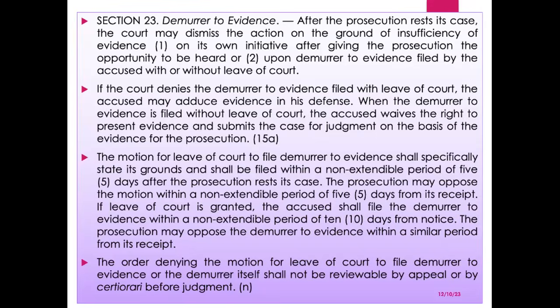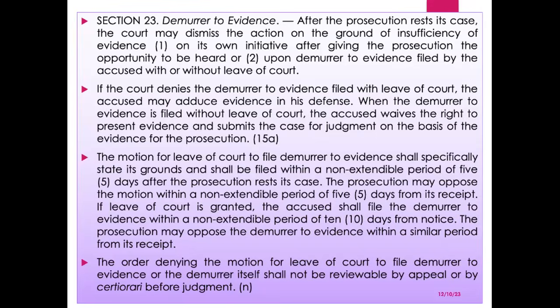Okay? So let us look at the effect. If the court denies the demurrer to evidence filed with leave of court, the accused may still adduce evidence in his defense. But if the demurrer to evidence is filed without leave of court, what is with and without leave of court?